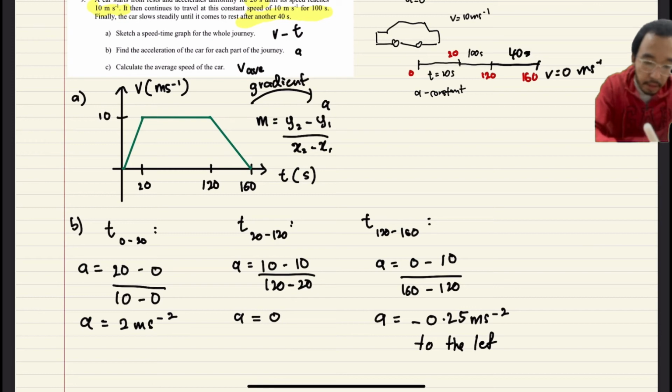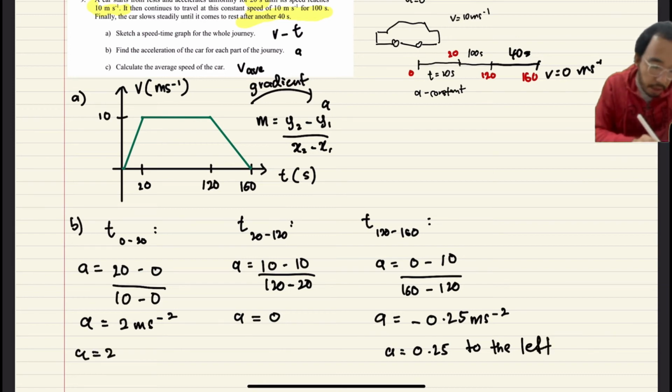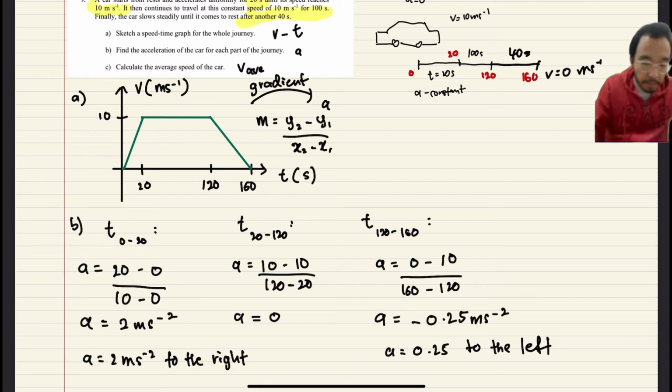I'm going to show you how to do it properly. a is equal to 0.25 to the left. This one, a equals 2 to the right. The middle one, acceleration is equal to 0, so you don't have to bother with that.